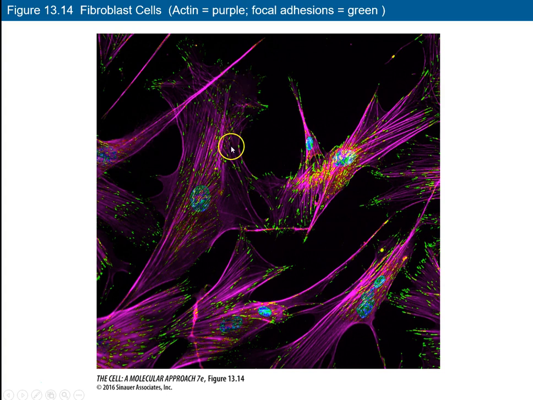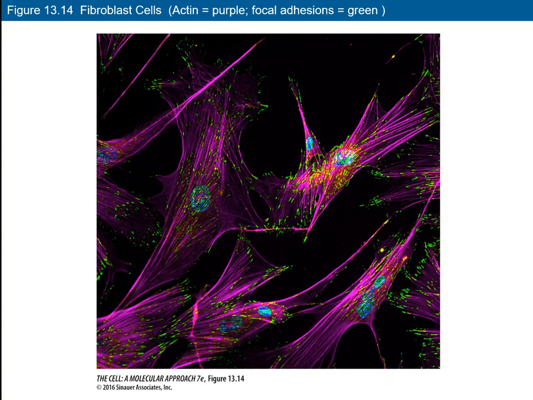So it's showing you that you can label specific proteins and identify specific areas. Where the green is, those are points of contact with the culture dish. So that's showing you cells in culture adhering to the dish.